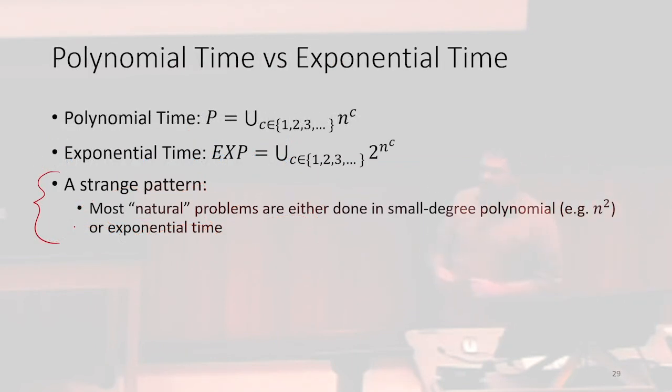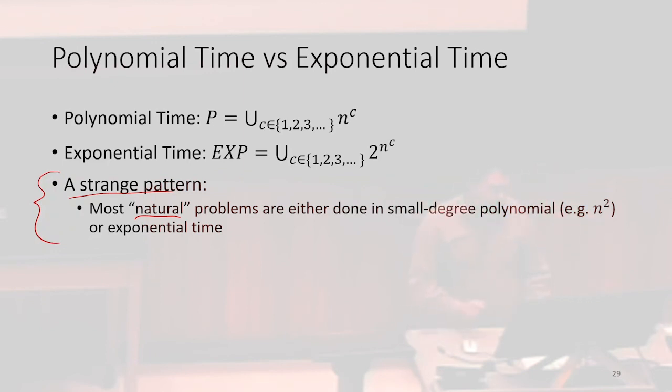We've only seen 4 of these problems so far, but these 4 problems already start to show this strange pattern that we see for a lot of what we call natural problems. Natural problems are ones that we tried to solve because we were somehow motivated to solve them. It was something that appeared naturally while we were going about our daily lives, as opposed to an artificial problem which was contrived to have a certain property.